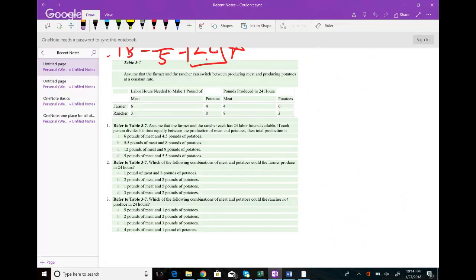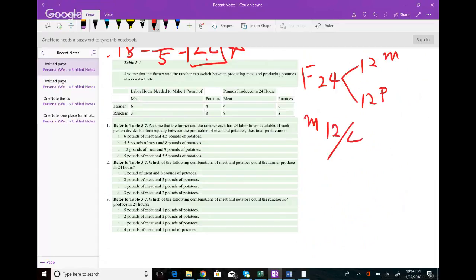So if each person has 24 hours and they divide the time equally, half and half, what's our total production? Let's do the farmer first. The farmer has 24 hours, divided half and half: 12 hours to produce meat and 12 hours to produce potatoes. For every meat, it requires 4 hours. So he has 12 hours for meat, divided by 4, he will have 3 pounds of meat.